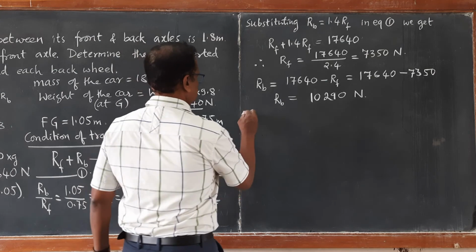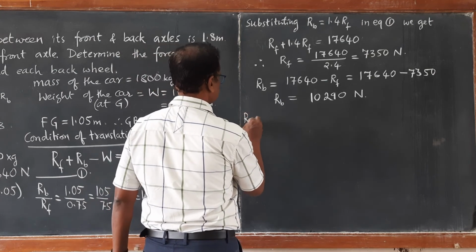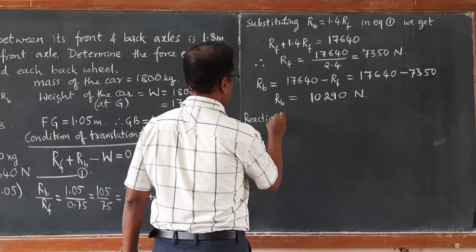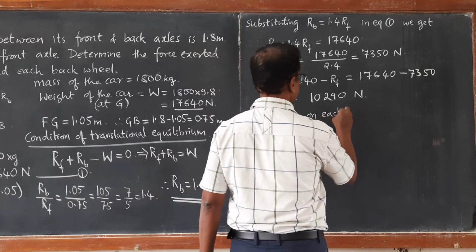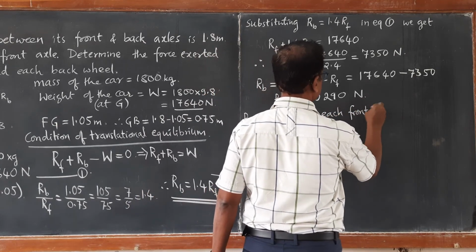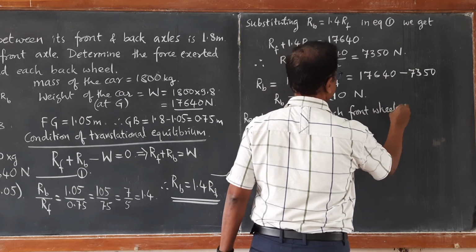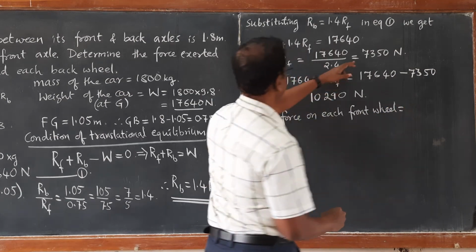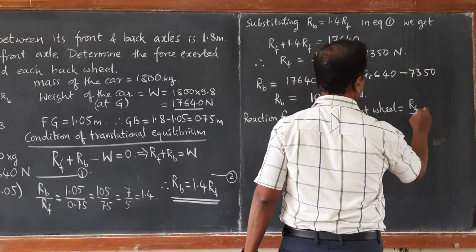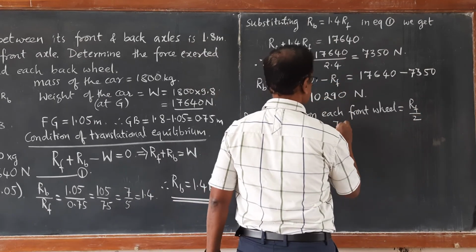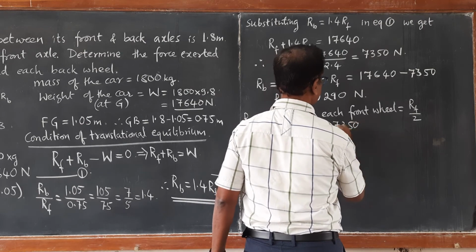So the reaction force on each front wheel is RF divided by 2, that's equal to 7350 divided by 2.